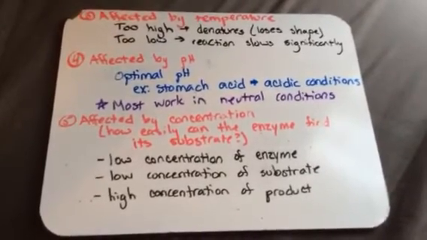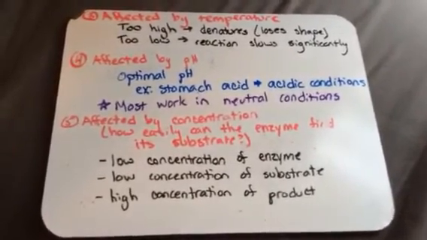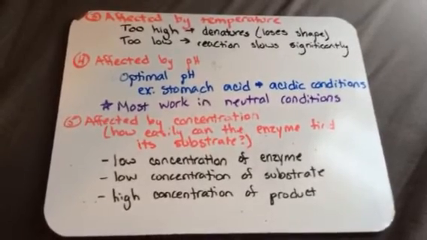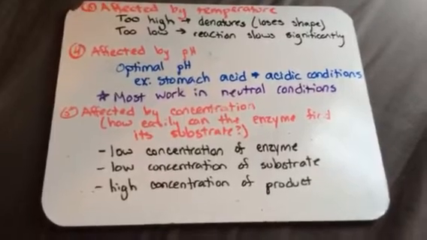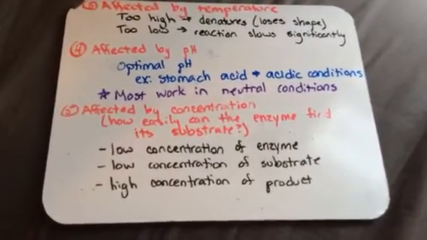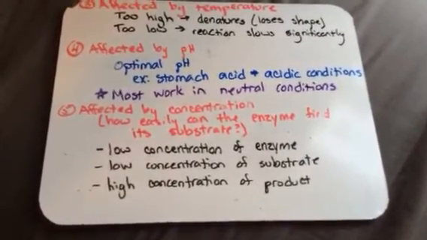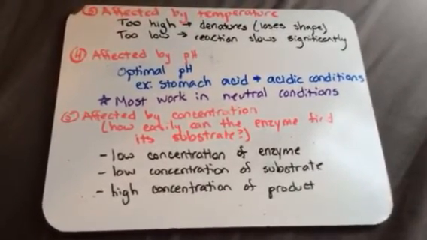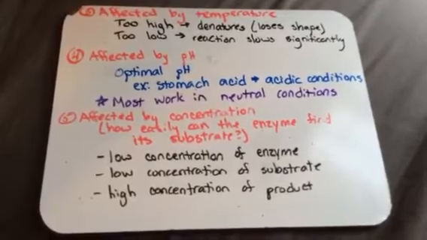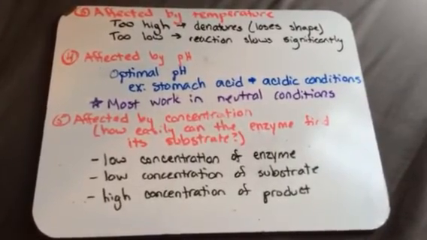So when you have a very high concentration of product, again, that's going to start to slow down the rate of enzymatic reaction. Okay. So those are 5 properties of enzymes. You need to be very comfortable with those and be able to explain them and list them and discuss them in class. All right, that's all.